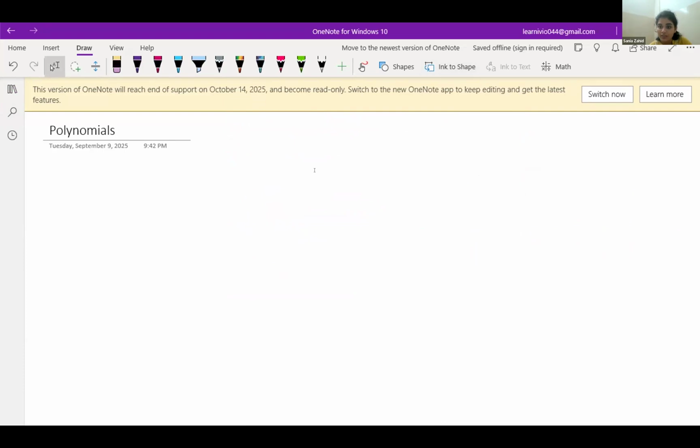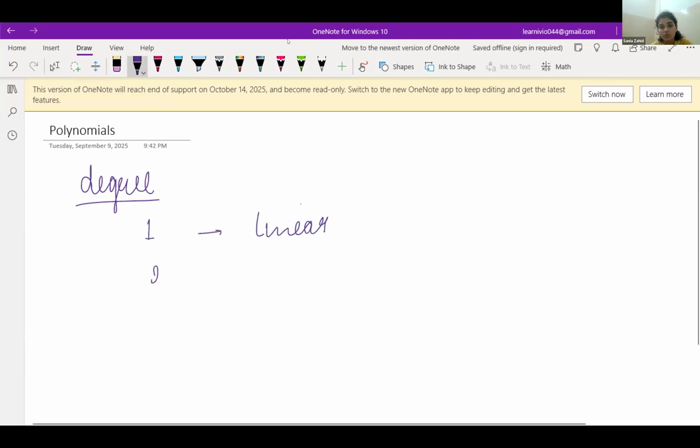You tell me the degree and name them accordingly. If my degree is 1, that's called linear. If my degree is 2, that's called quadratic. And if it's 3, that's cubic.